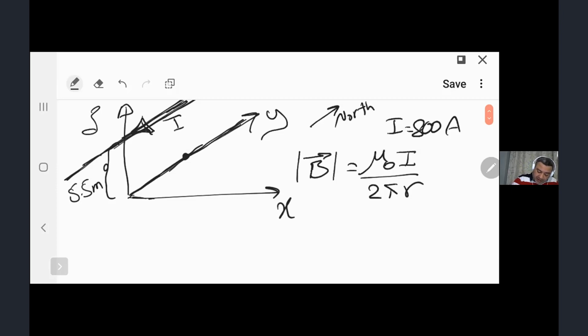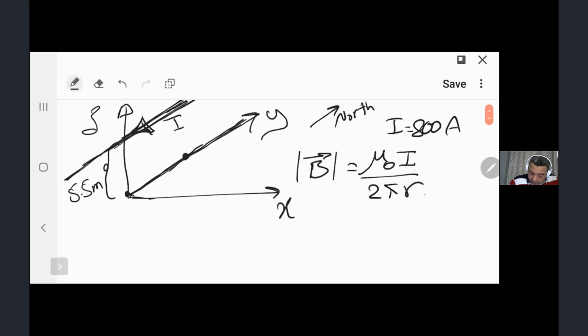Right now this point is sitting on the z, so the z here is 5.5. So my r can be along the z axis. Now, this is the magnitude of r, which is 5.5, and I have my current here going into the negative j direction.